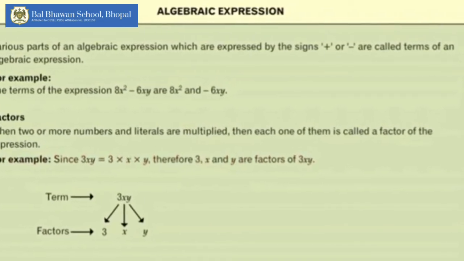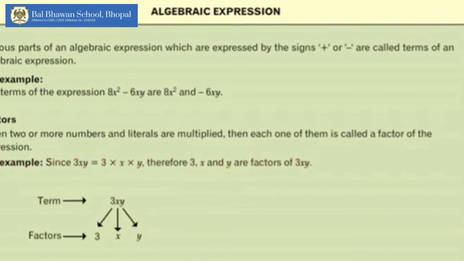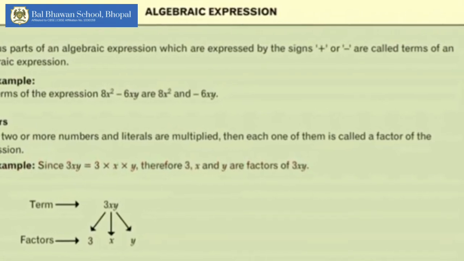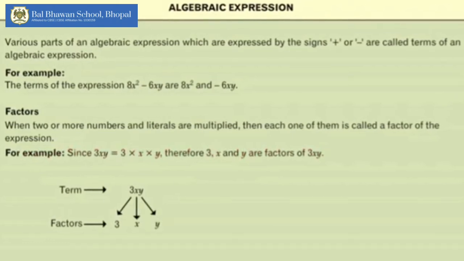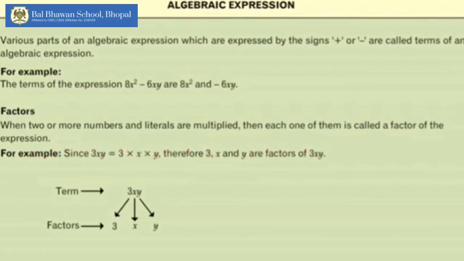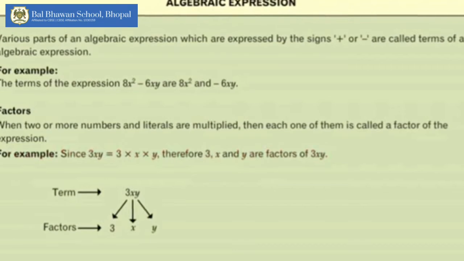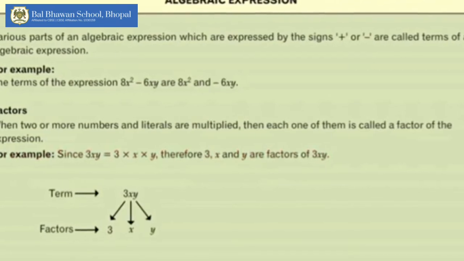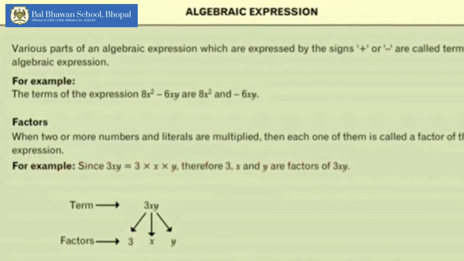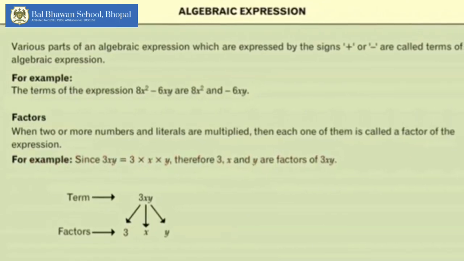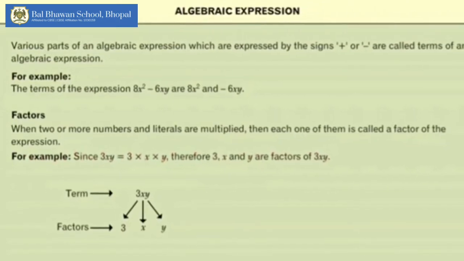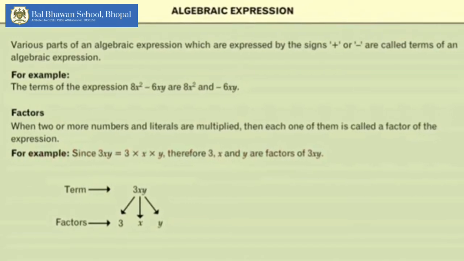When two or more numbers and literals are multiplied, then each one of them is called a factor of the expression. For example, 3xy is 3 into x into y, therefore 3, x and y are the factors of 3xy. I can write that 3xy is a term and 3, x and y are the factors of this particular term.